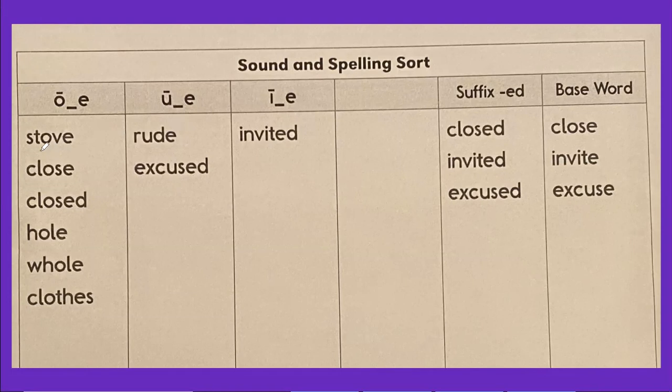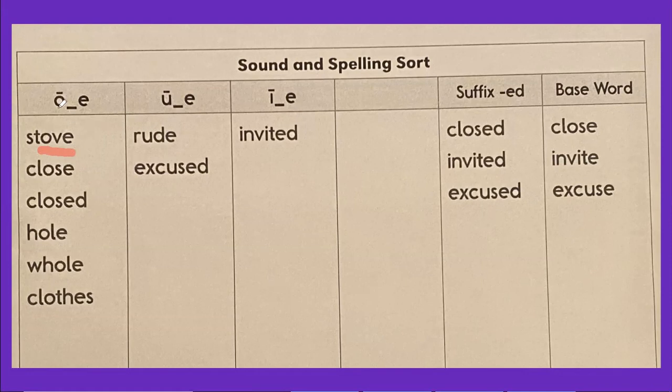Stove, we see the O-V-E, the long O, Mr. O, consonant, and a magic E. And once you say it, put it in the column. I want you to say the word again, stove, so you know that you put it in the correct column.